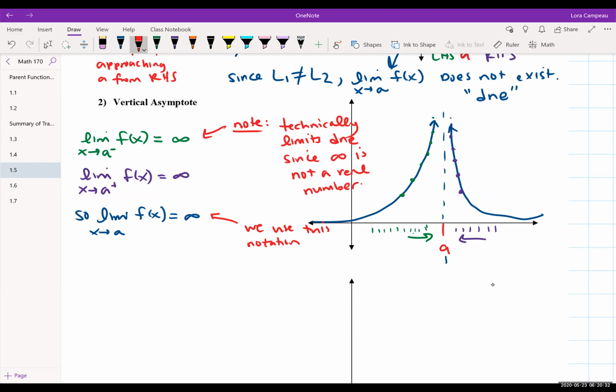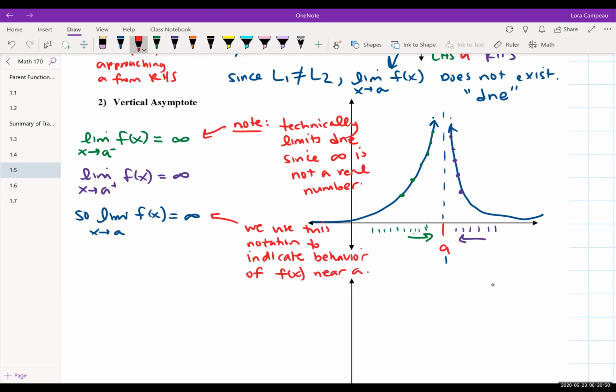So I'll write that down. We use this notation to indicate behavior of f of x near a.